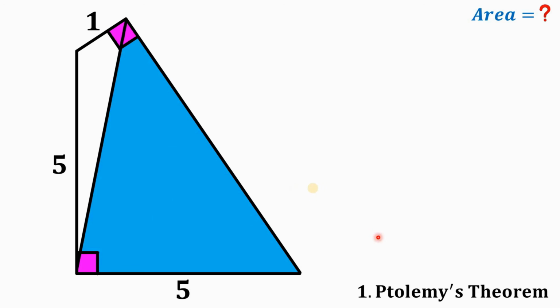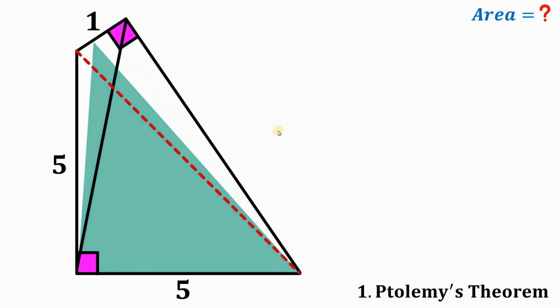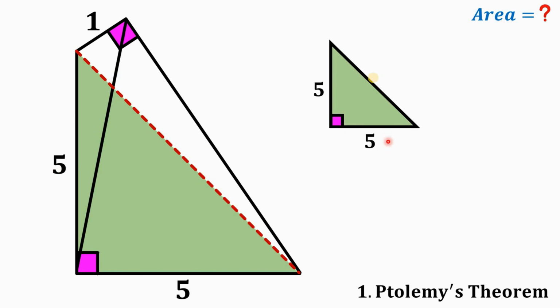Now, to answer this question using Ptolemy's theorem, what we're going to do is connect this point to this point, the diagonal of this figure. Because we're going to focus on this isosceles right triangle, because these 2 sides are equal, and let's get its hypotenuse. So we have 5, 5.